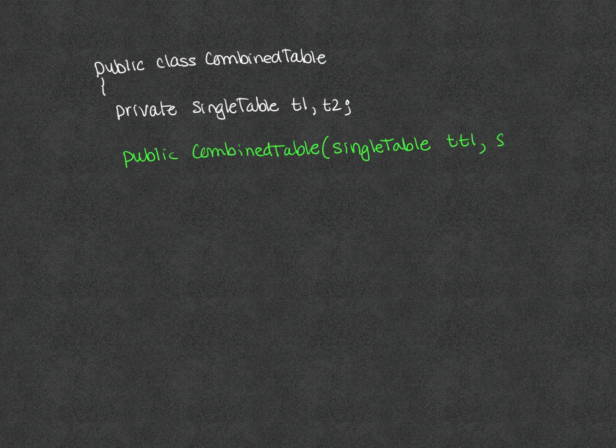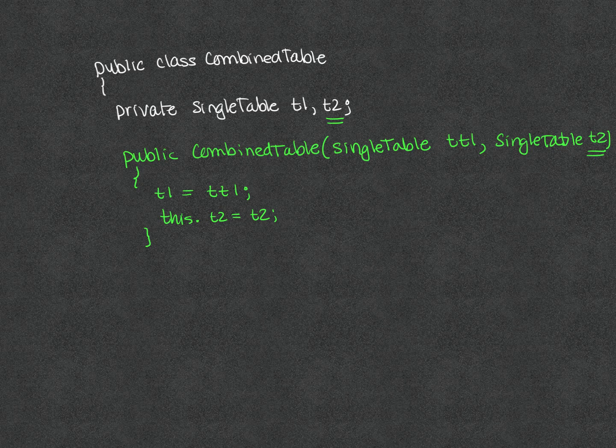I could also just call it the same variable. So single table, I'll just call it T2 this time. So table 1 is going to be equal to T1. Now if I used the same variable name as over here, then you would say this dot table 2 is equal to table 2. You do not have to use this dot, but you will see it every now and then.